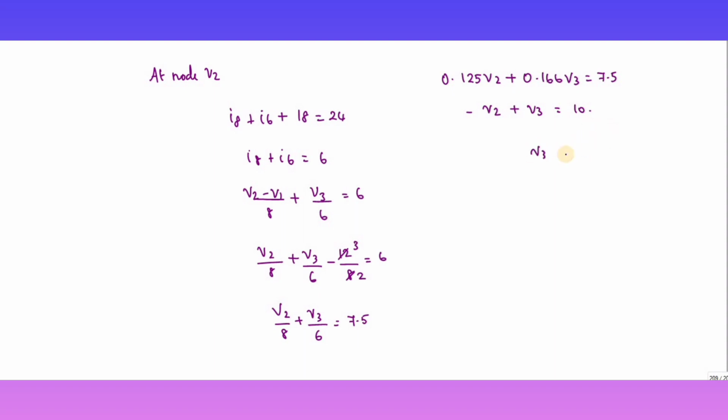So I can write V3 is equal to 10 plus V2. Substitute in this equation: 0.125 V2 plus 0.166 V3 is equal to 7.5.